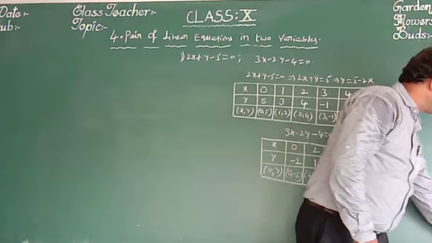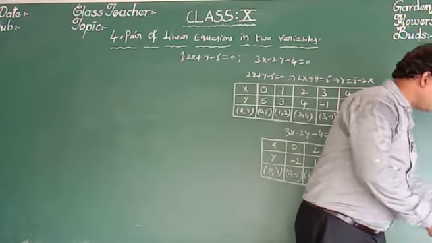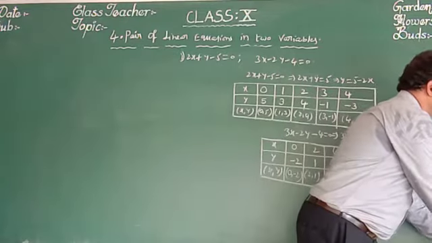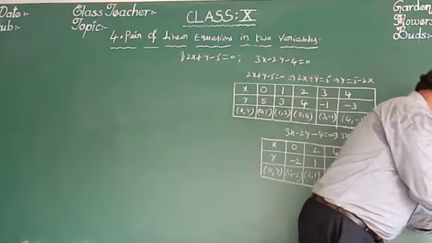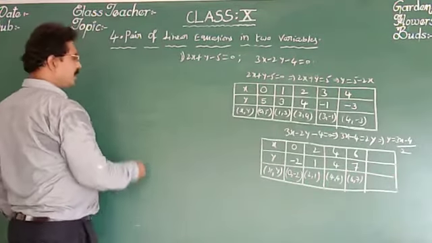After completion of these points, you have to draw the graph. Now how to draw the graph? You see, look at the board. This is important one. First you draw the graph.